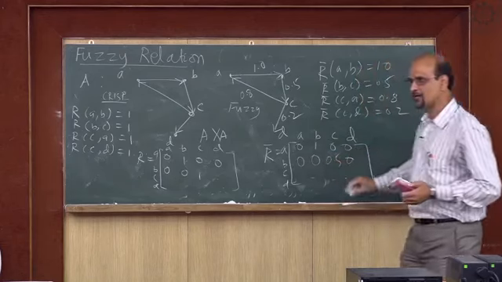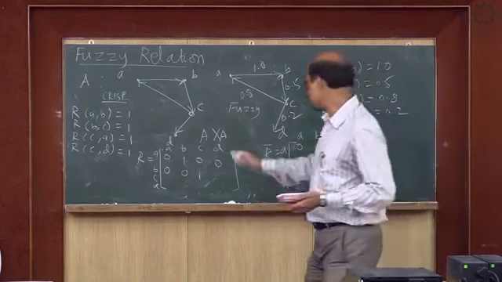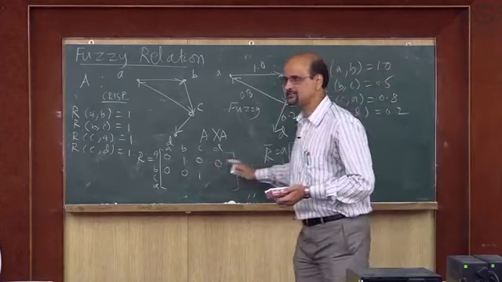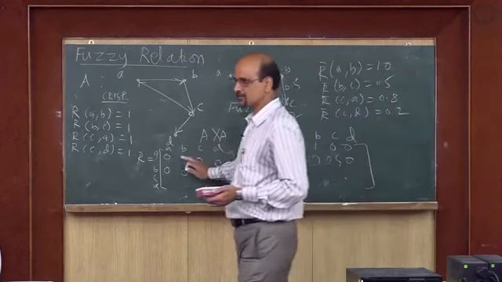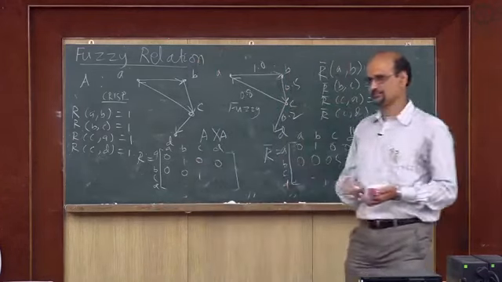Like that again you can complete this. So, this is the difference between the relation matrix of a crisp relation and a fuzzy relation.